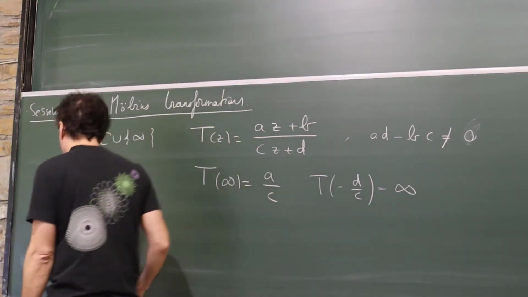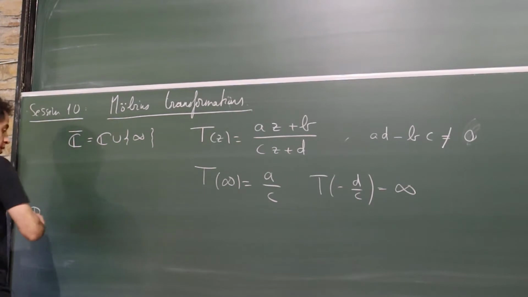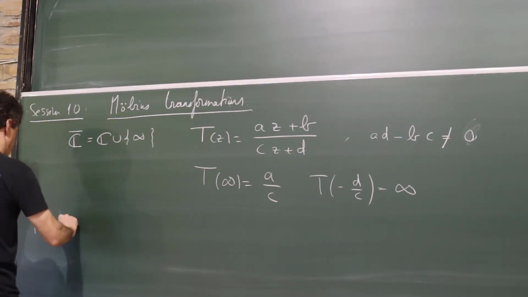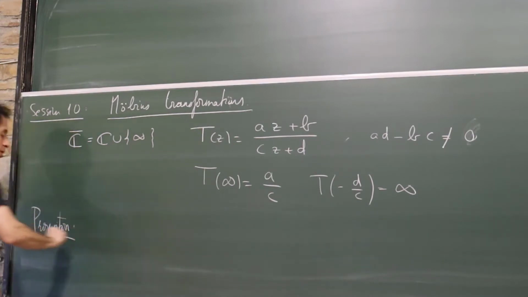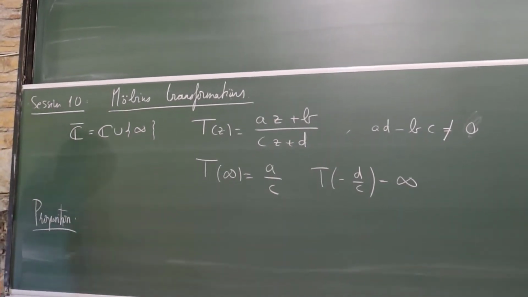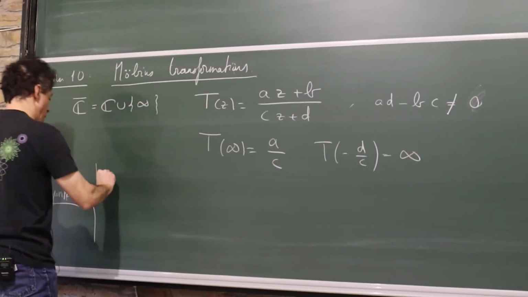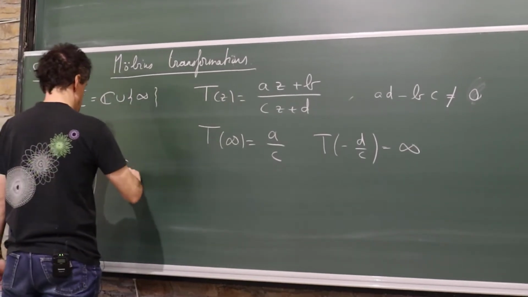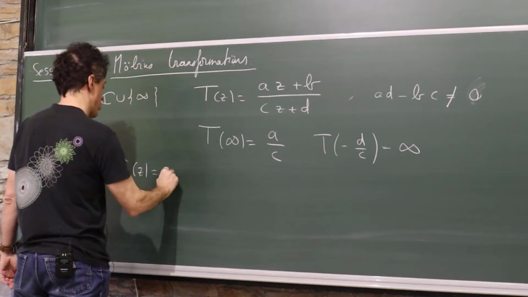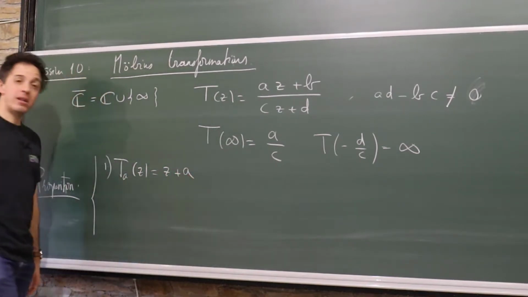And the result we stated yesterday was the following: that the following three categories of maps generate every Möbius transformation. One, translations, maps like this.